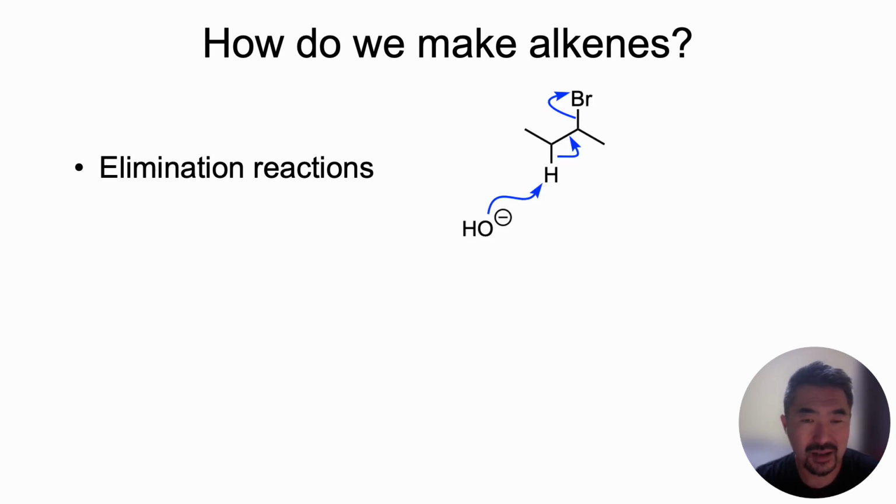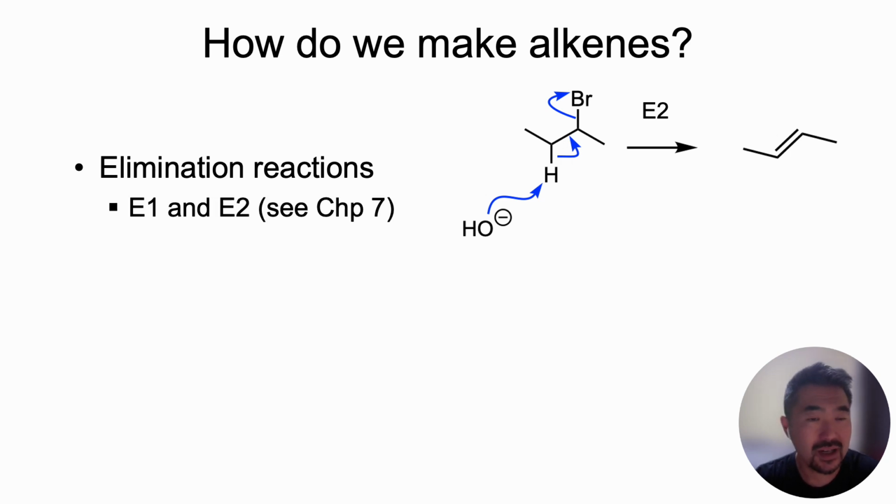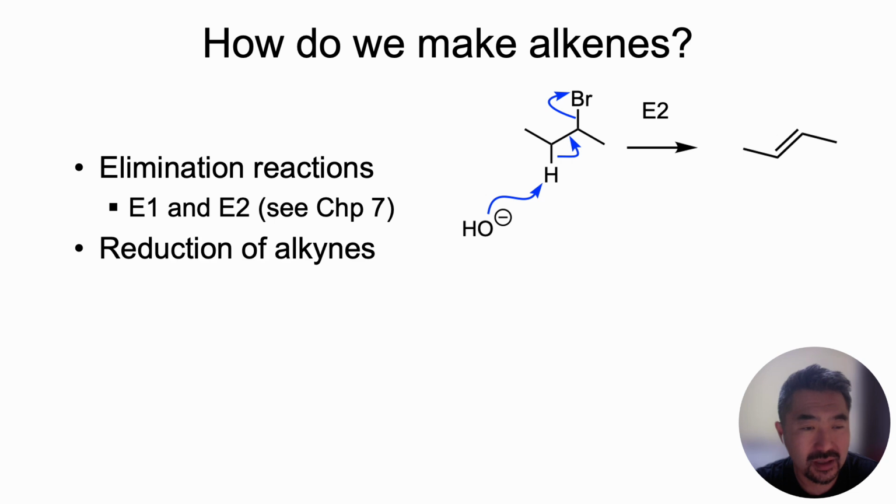If you have a leaving group on an alkane and a strong base, you could do an E2 reaction, or you could also do an E1 reaction if you lack a strong base. We've discussed E1 and E2 reactions back in chapter 7, so I would just refer you to those notes. So elimination reactions give us olefins, alkenes.